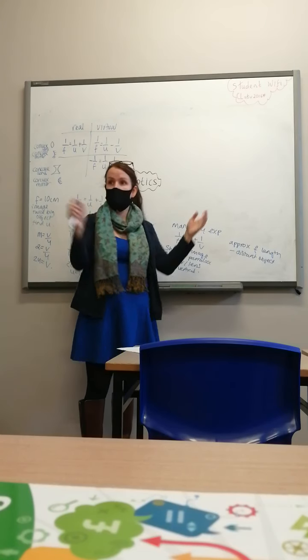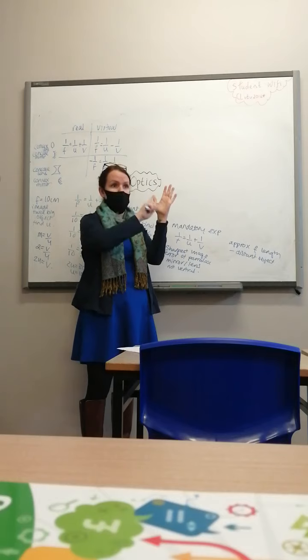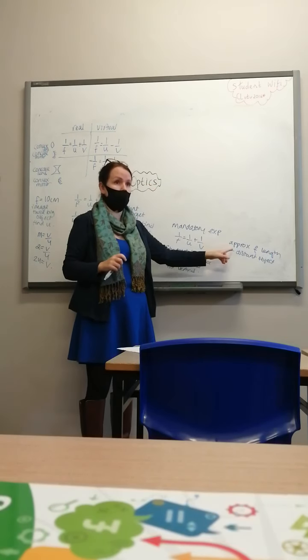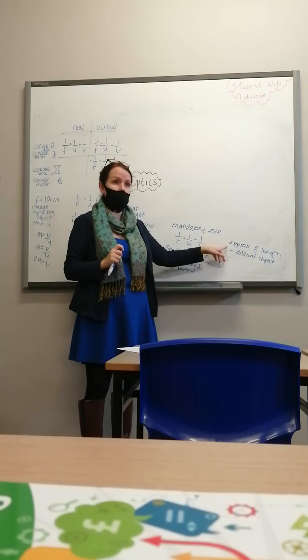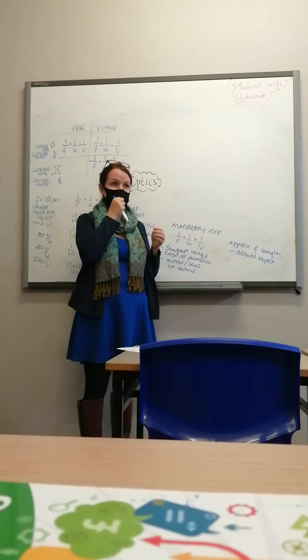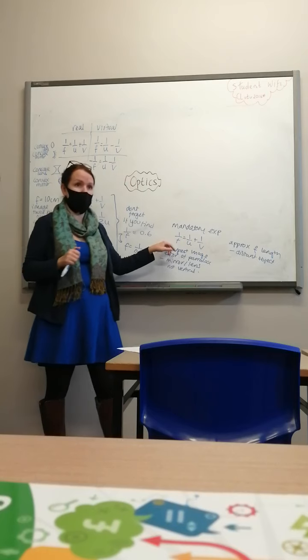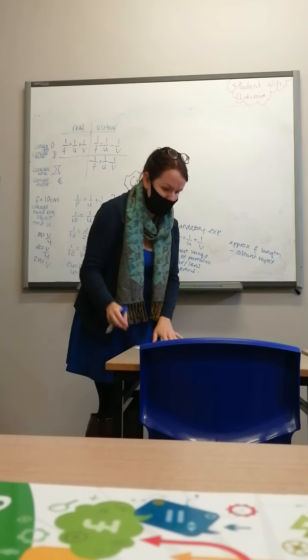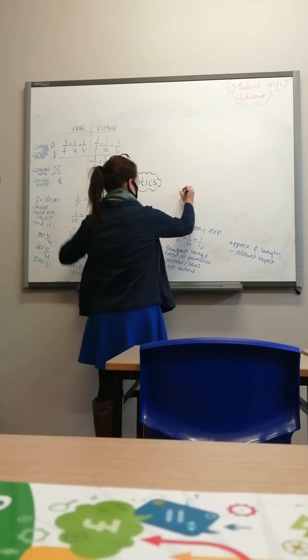Finding the sharpest image and measuring the distance from that lens or mirror to the screen. That's your approximate focal length. We find it because below that you get a virtual image which couldn't be located on the screen for the experiment. Okay, things to remember with ray diagrams, guys.